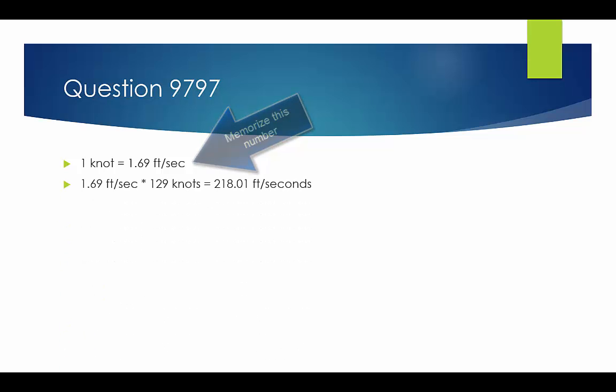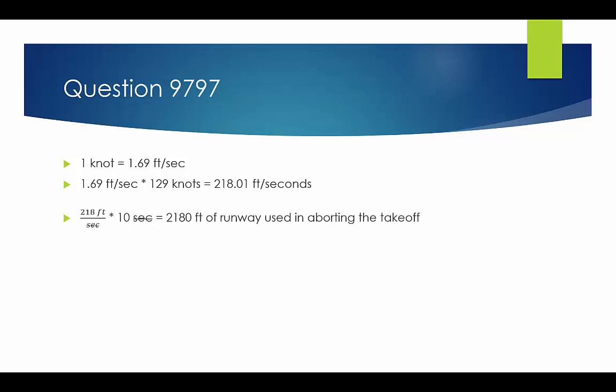So we can then do 1.69 feet per second times 129 knots, and we get 218 feet per second. Then we can use this 218 feet per second to convert us into distance.